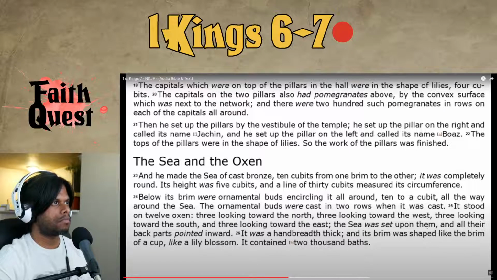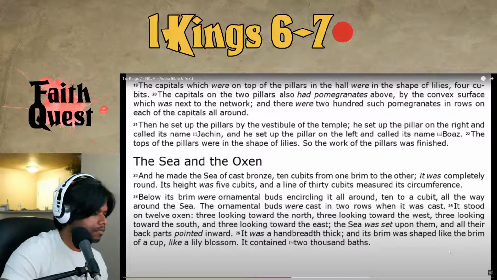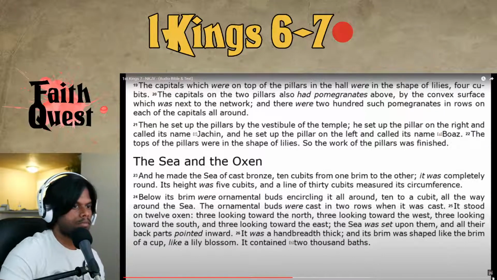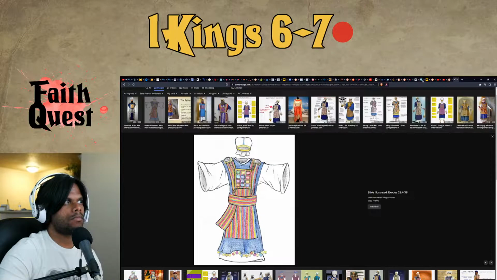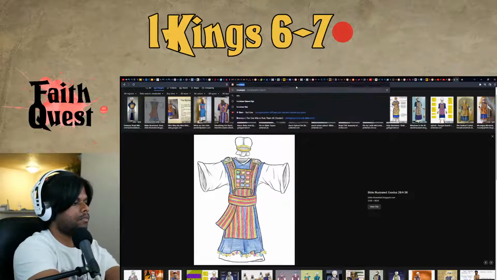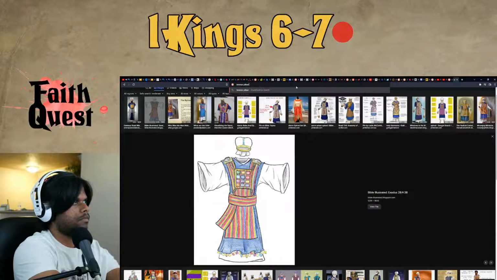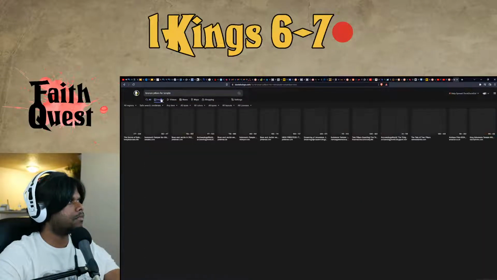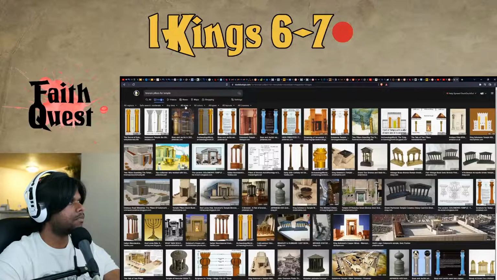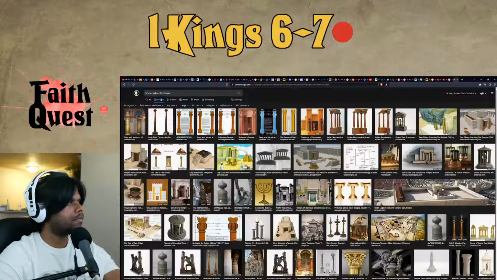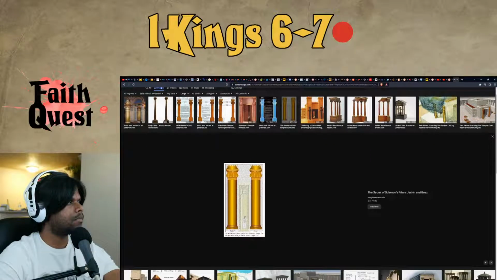Below its brim were ornamental buds encircling it all around, 10 to a cubit, all the way around the sea. The ornamental buds were cast in 2 rows when it was cast. It stood on 12 oxen, 3 looking toward the north, 3 looking toward the west, 3 looking toward the south, and 3 looking toward the east.